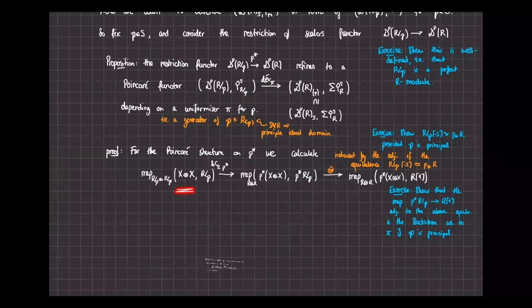It's the C2 fixed points on the mapping spectrum from X tensor X to R mod P. And what we do is we just apply P upper star and land in the R tensor R linear maps from this term to P upper star of R mod P. And then the statement is there is a canonical map from P upper star R mod P to R shifted by 1, which satisfies the following property. There's a general construction that is behind this. And essentially the point is that this functor P upper star admits a right adjoint.